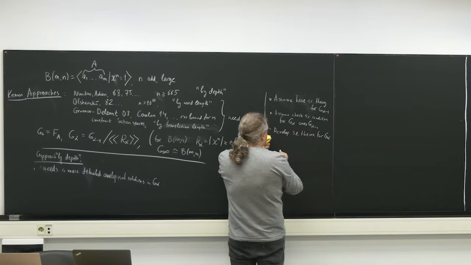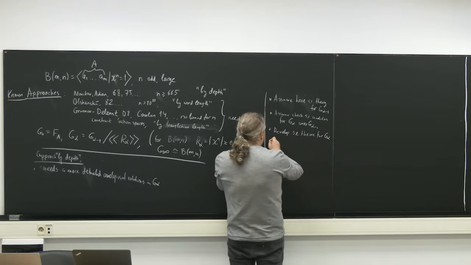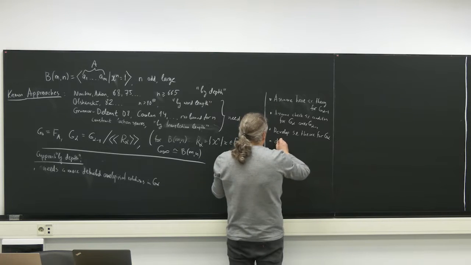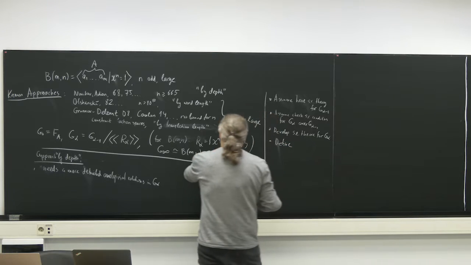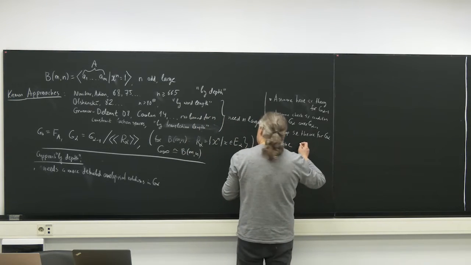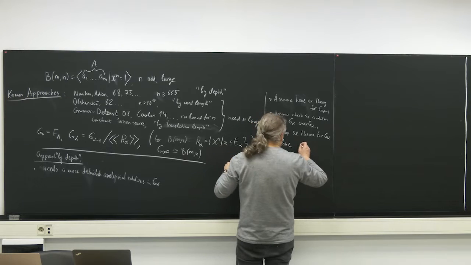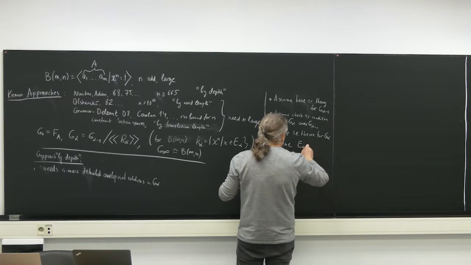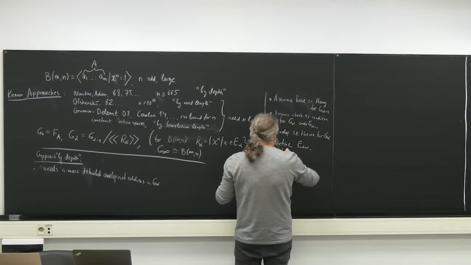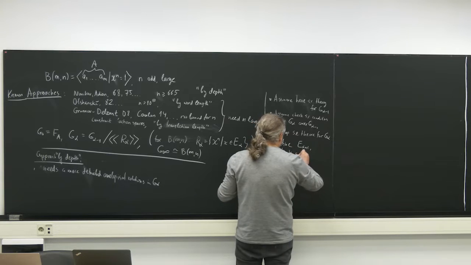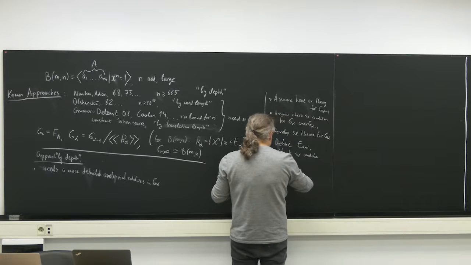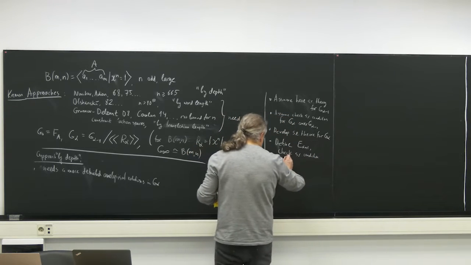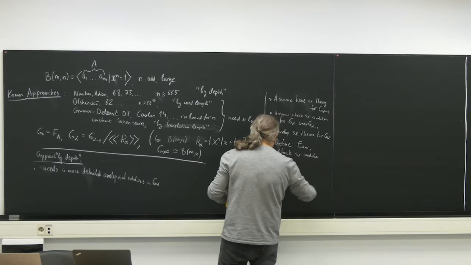And then we need to define somehow this set of relators. Define E alpha plus 1, check small cancellation condition for the corresponding set of relators for G alpha plus 1.